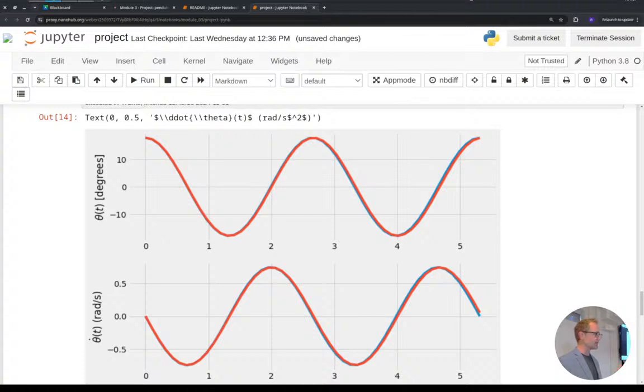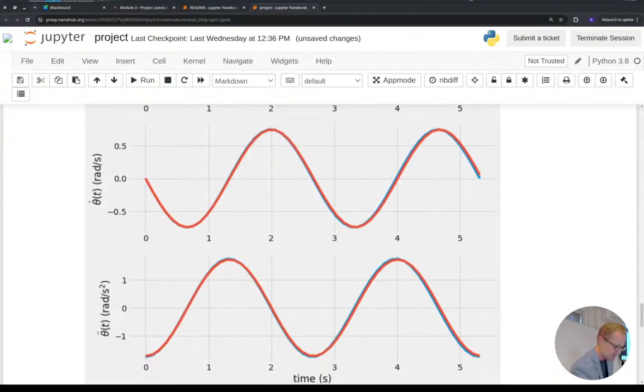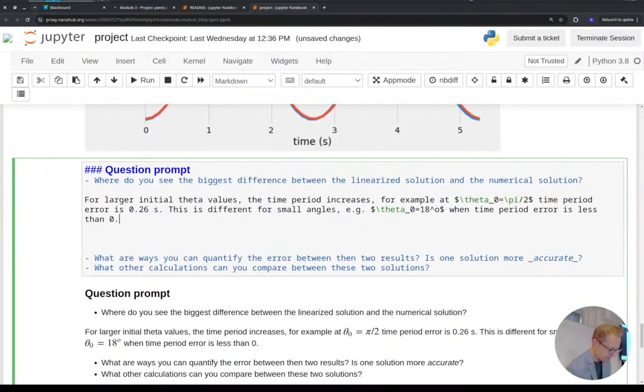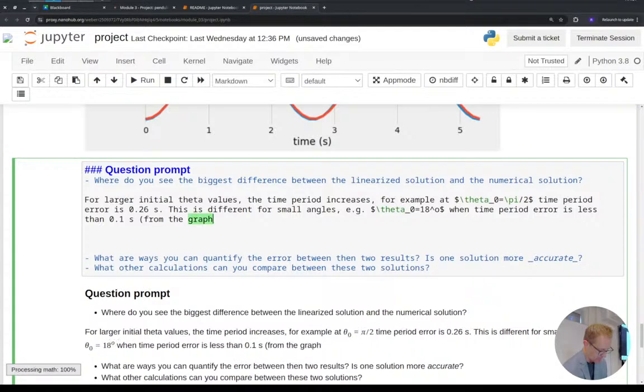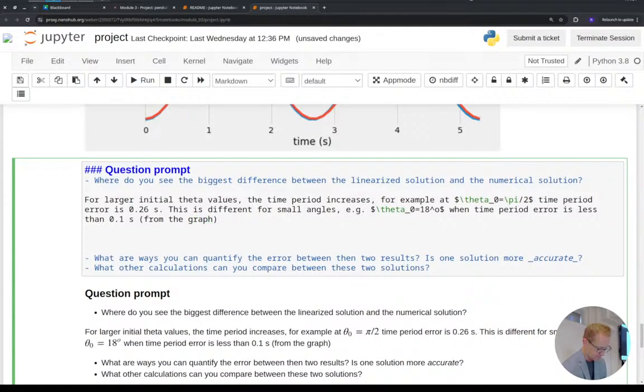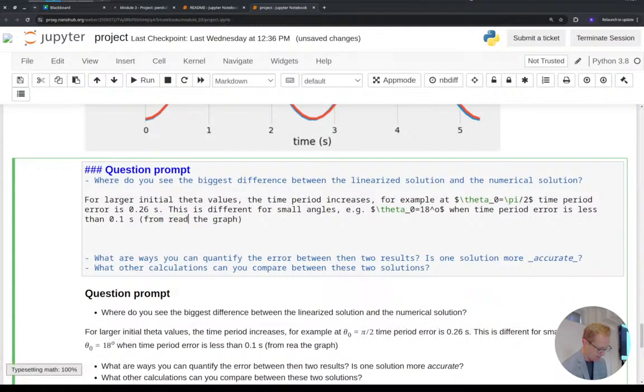There's ways that we could calculate it, but if we're looking at a graph, trying to make a guess, we can't see the difference, so it's less than 0.1 seconds from reading the graph.